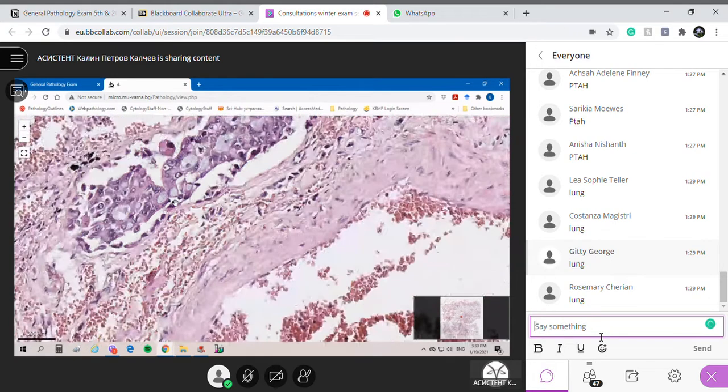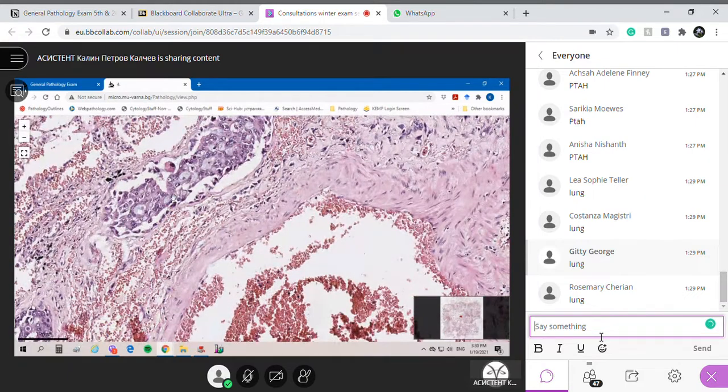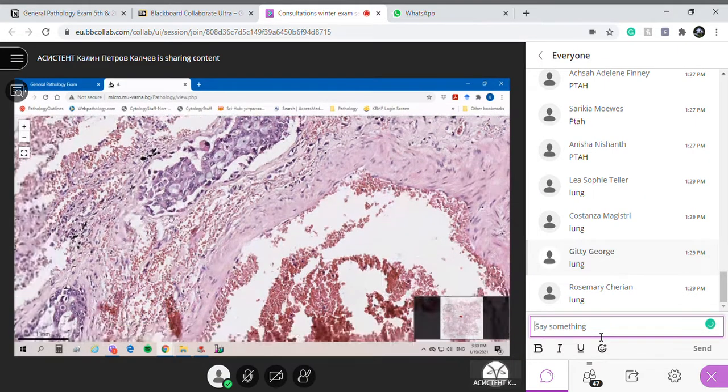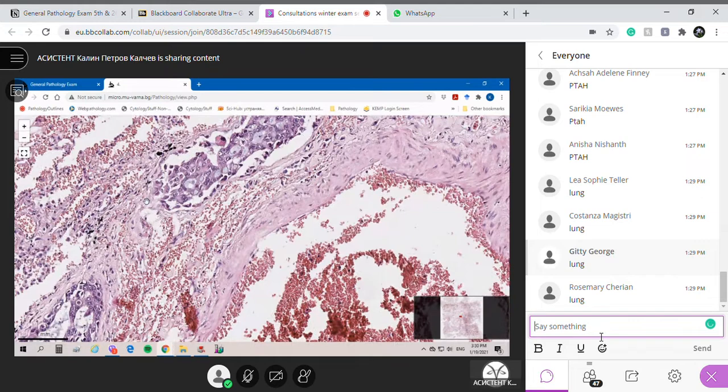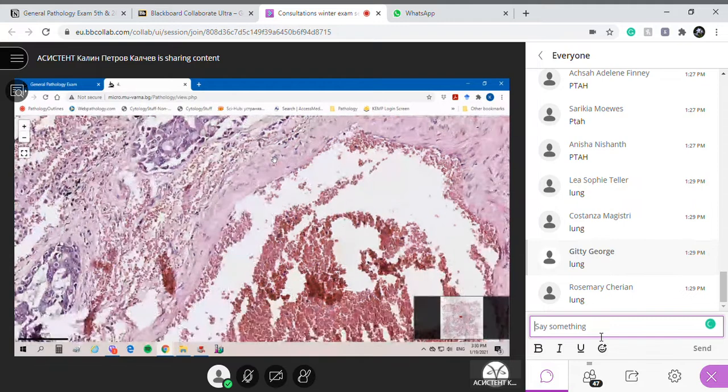The tumor emboli we find when the tumor invades some venous vessels. They invade the venous vessels first because venous vessels are much thinner than the arterial vessels.